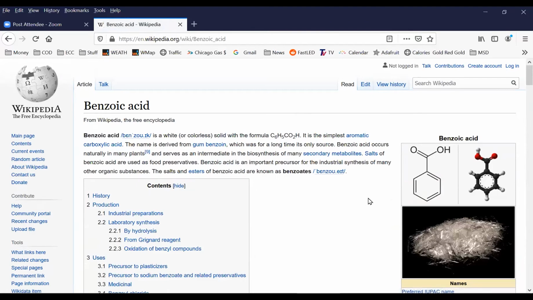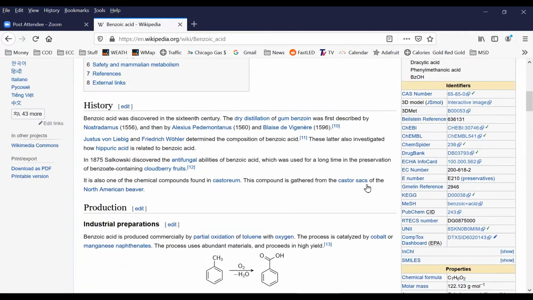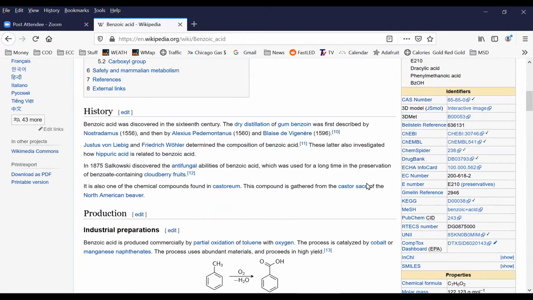This is called benzoic acid. And benzoic acid is reacted to make a chemical that's used as an additive in your pop. By the way, I'm from the Chicagoland area, and stuff that comes in a can or bottle with bubbles in it and very sweet and non-alcoholic, we call pop, not soda.